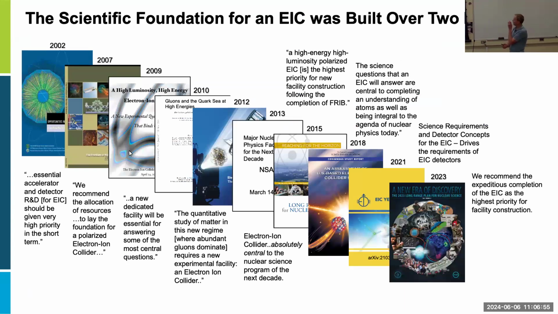So how did we get to the Electron Ion Collider? It turns out it took 20 years for the community to build the physics case and to understand what it is that we want to study. Starting in 2002, we gradually developed the understanding of the parameters we want: how many particles per beam, what energies, what ions, and so on.